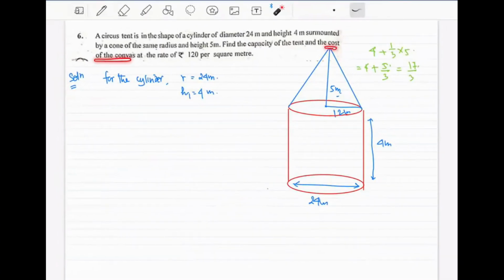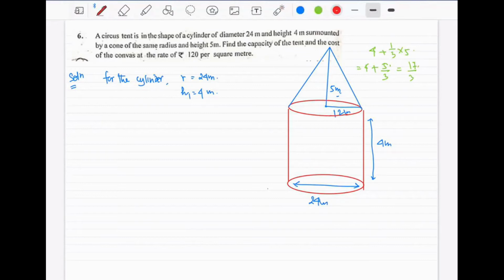Cost of the canvas. For the cost of the canvas, what we need to know is the surface area. How much surface area is required for the canvas? Okay, so our goal is to first find the surface area, and then the cost part we will come to later on.